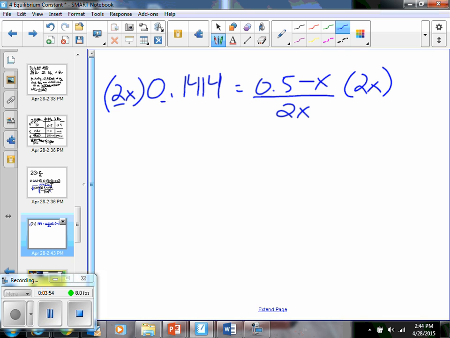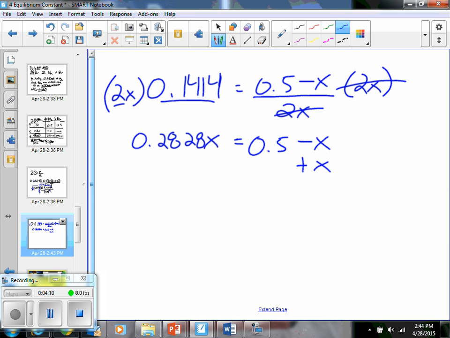2 times 0.1414 gives me 0.2828x, and the 2x over here cancels. So now if I want to isolate x, I can bring this x over to the other side, collect the like terms.